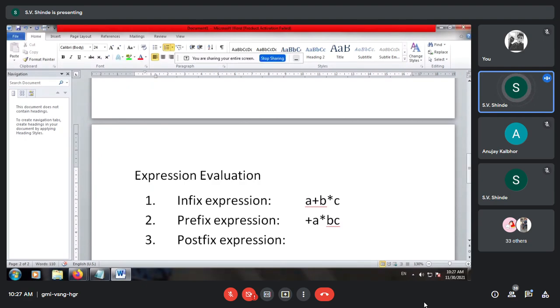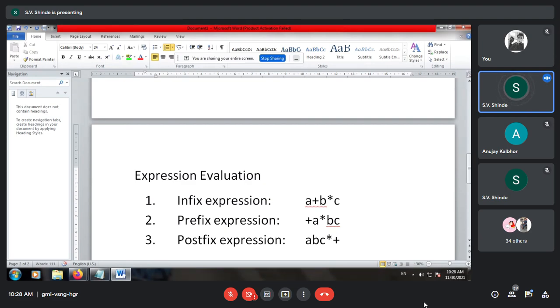Now what about postfix notation? Again we have the elements we will be working with. First is multiplication, so it will multiply b into c, and then there can be an addition like that.